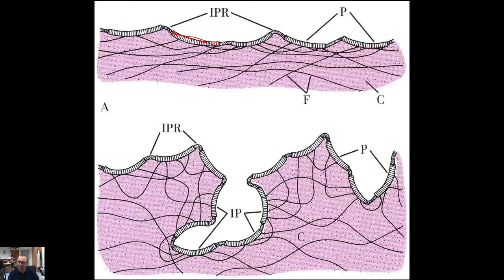These uroplakines are connected with the network of intermediate filaments, and so they are responsible for the shape changes of the cells.